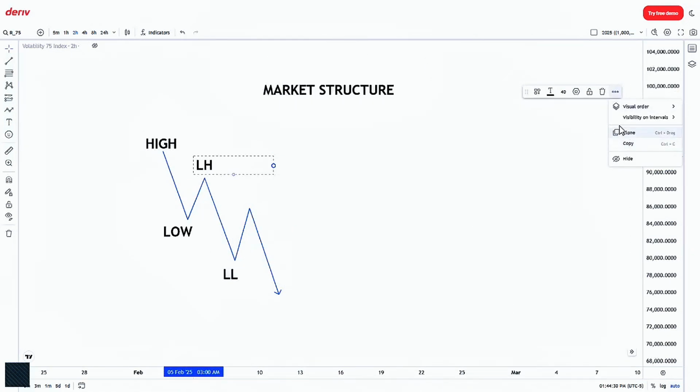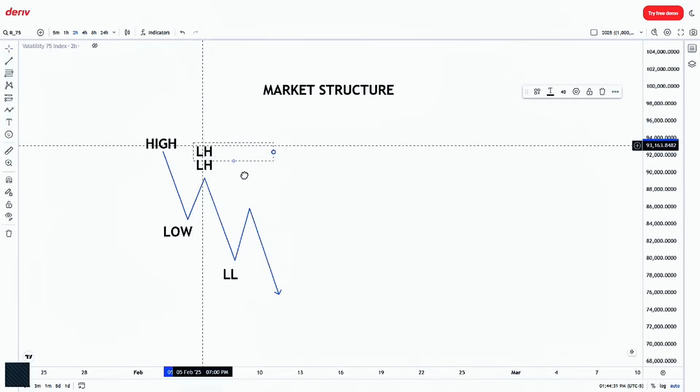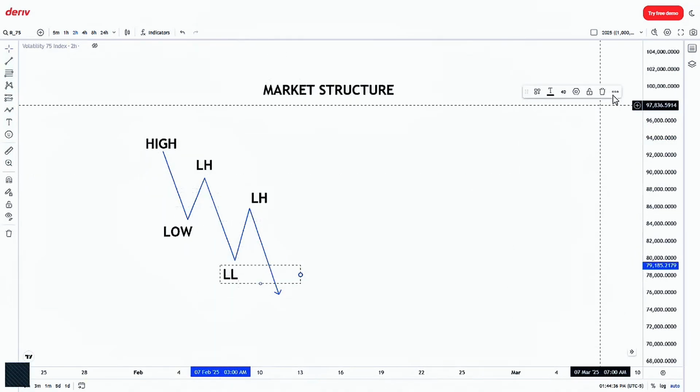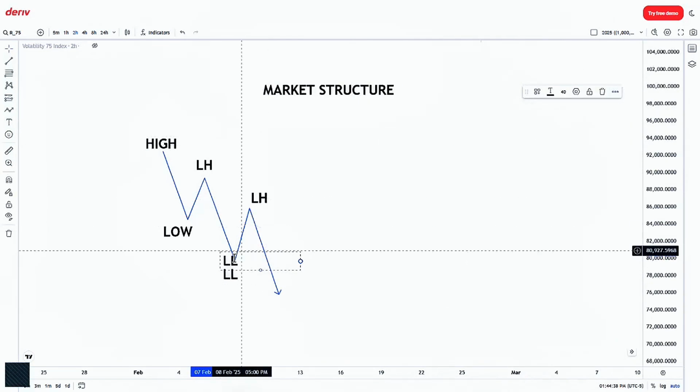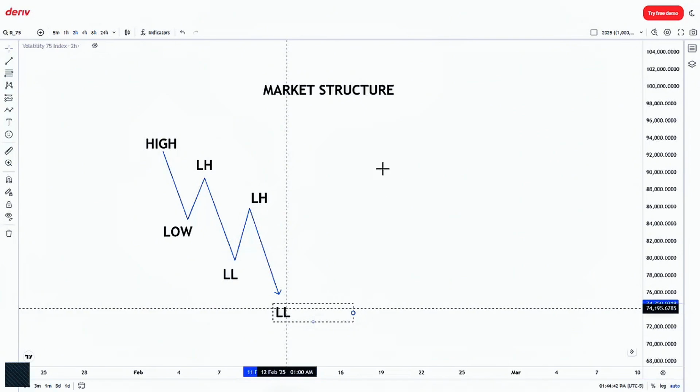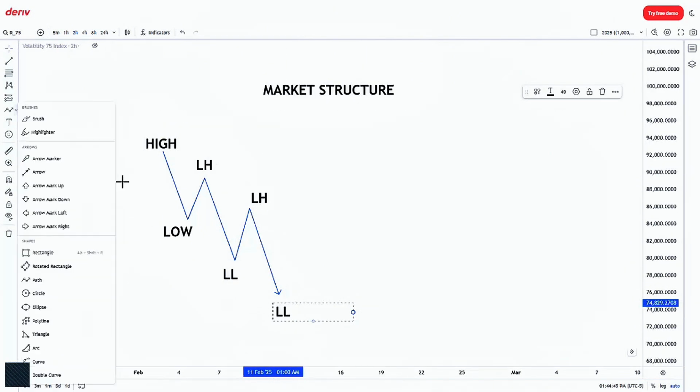So once we see the price creating lower highs and lower lows, we know that we are in a downtrend for that moment in time. So this is a line chart representation of the downtrend, and this is the market getting lower and lower.